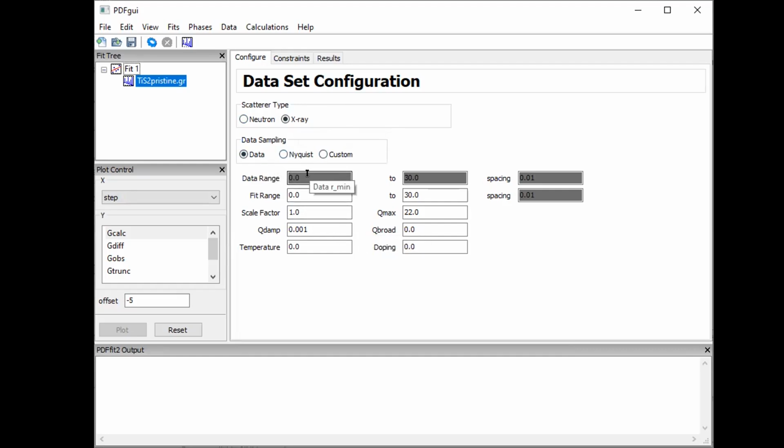This is the data range that is intrinsic to your data itself. And this is the fitting range. The fitting range tells the software what range you want to do the fitting. You can change this range, sometimes purposely, because the local structure can be different from the average structure. This is typical in some complicated structures, for example, if you happen to have experience with them, the structure is quite complicated, and the local structure is very different from the average one.